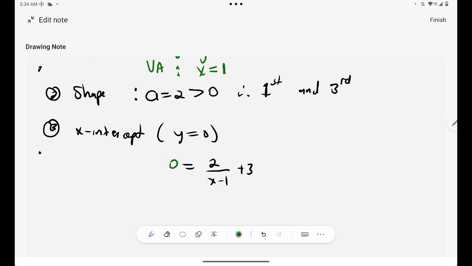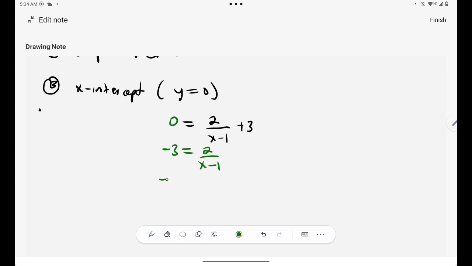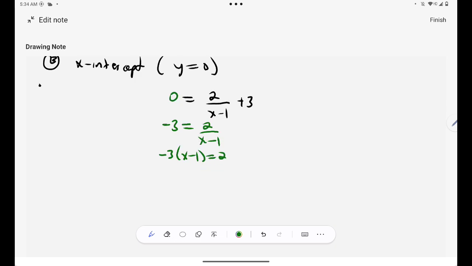Take the 3 to the other side, you'll have negative 3 is equal to 2 over x minus 1. Right together, then we'll have negative 3x plus 3 is equal to 2. Negative 3x is equal to negative 1, because when you take this to the other side you'll get a minus 1. Then x is positive 1 over 3.